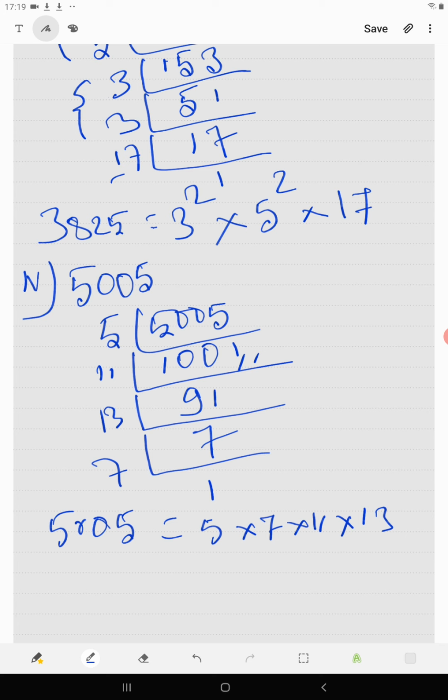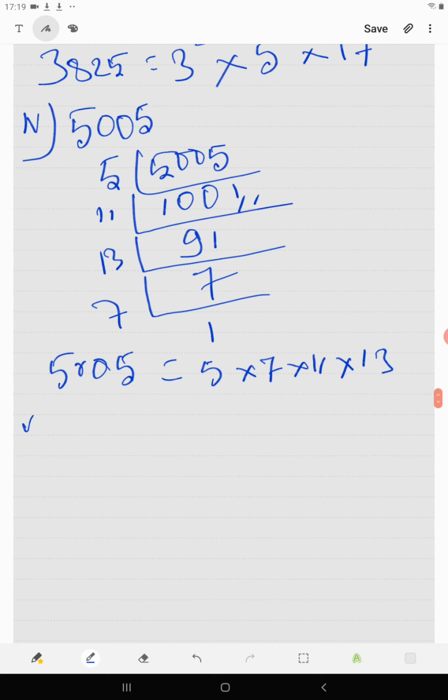Let's move on to the final one of question 1. It's 7429. Let's do the LCM. This is a very tricky one. See, it's ending with 9. 9 comes in the table of either 3 or 7, correct?